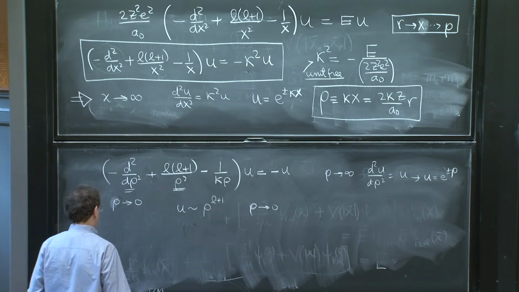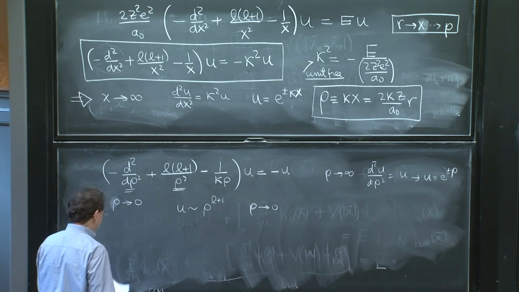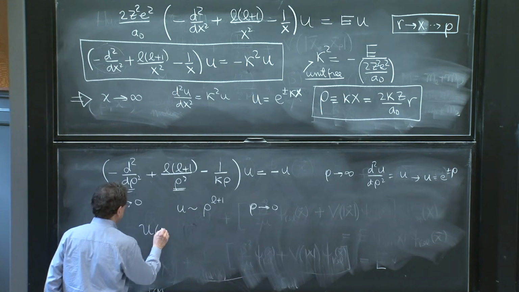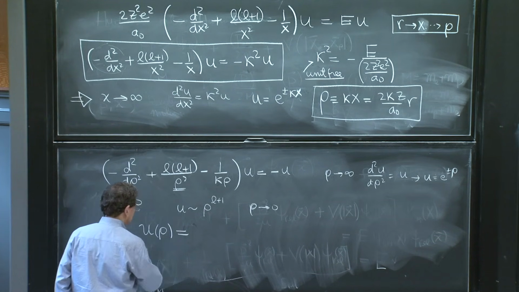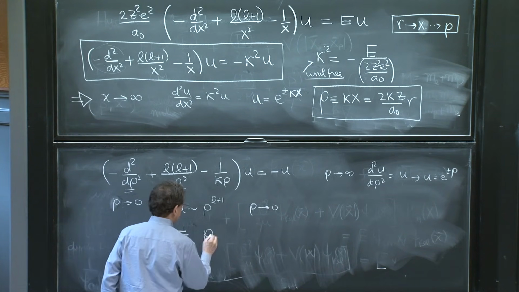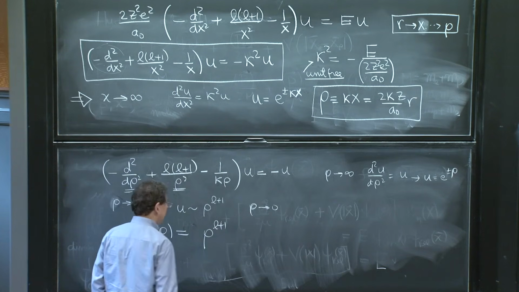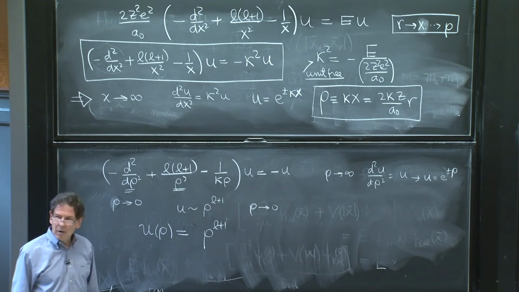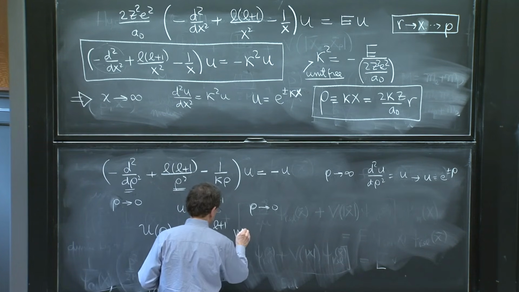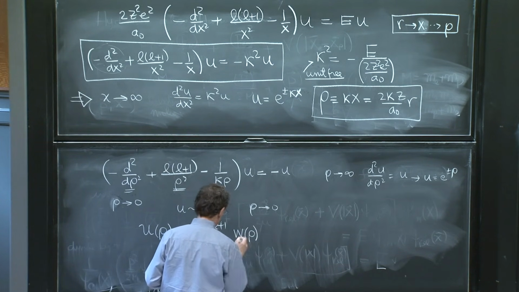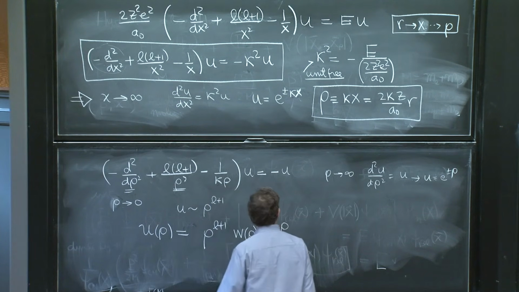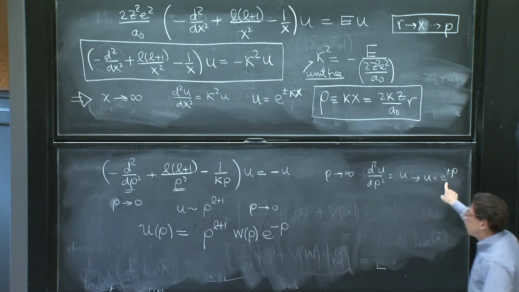So here we go. What do we do based on all this? We try something better, which is we set u of rho, the solution, we write an ansatz. It's going to be rho to the L plus 1, which will have the right behavior for rho going to 0, times an unknown function, w of rho, times e to the minus rho, which is the right behavior we want.